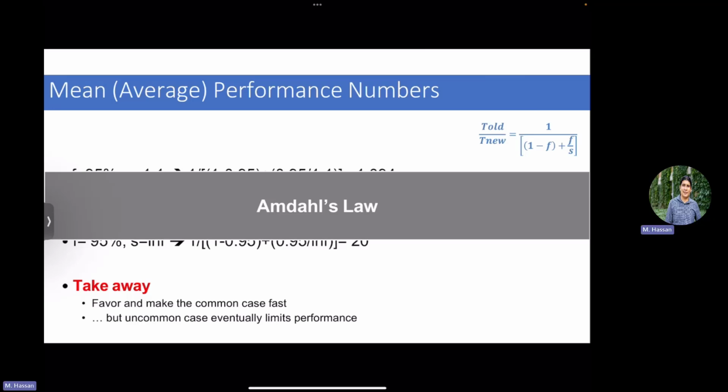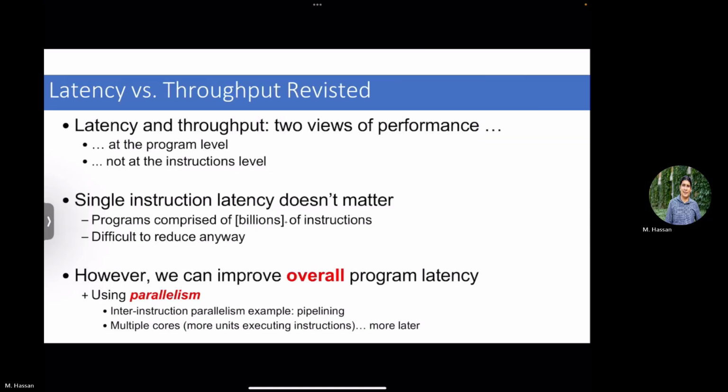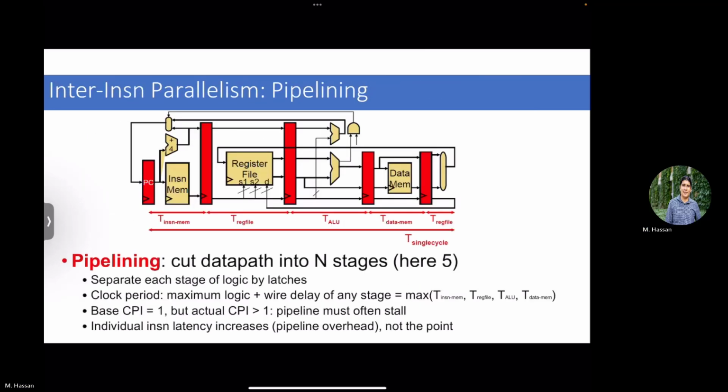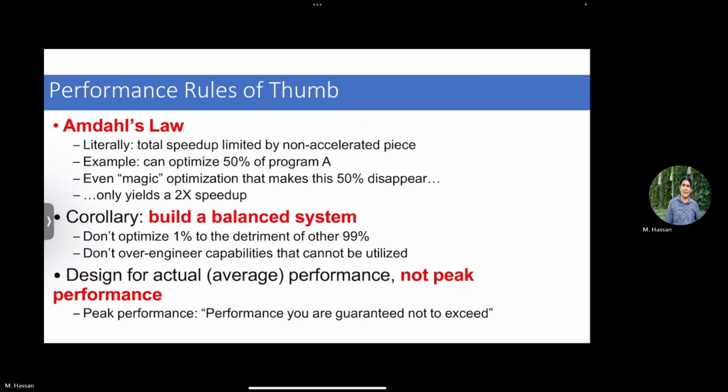Most of the techniques that we're going to study in this course, in fact, will address the trade-off between latency and throughput by favoring throughput over latency. So we'll accept the single instruction latency while we improve the overall throughput by other factors like pipelining, out-of-order execution, caching, and memory, etc. Good. Okay, great.